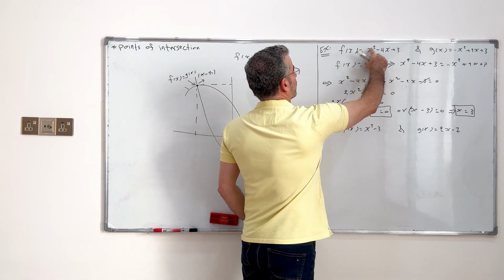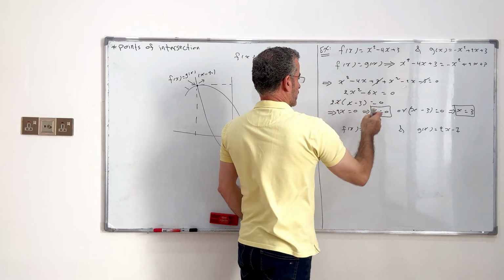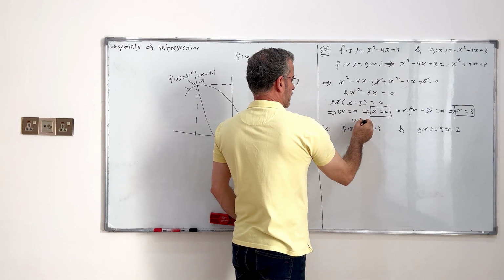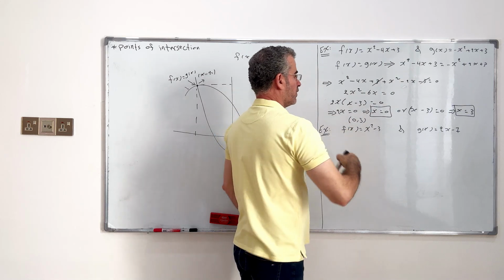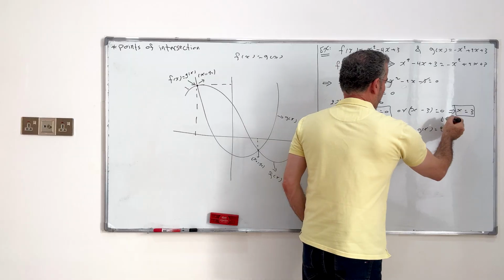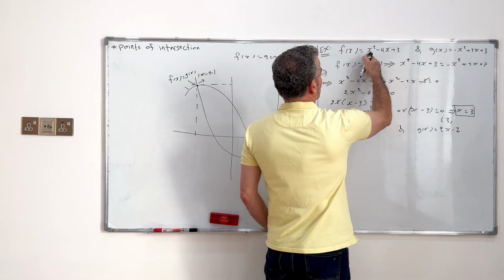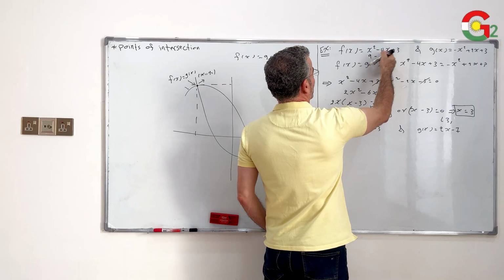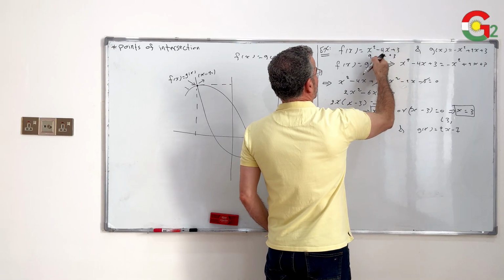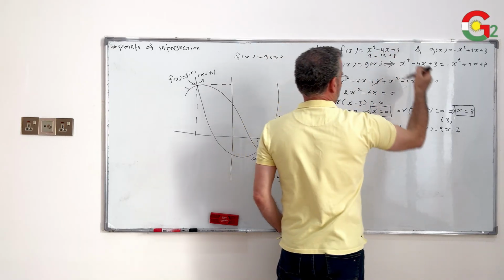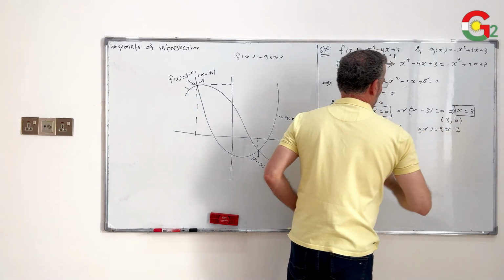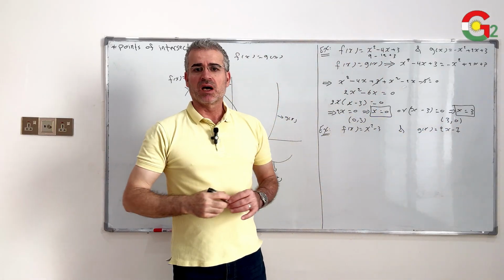Then 0 power 2 minus 0 plus 3 is 3. The coordinates of this point are 0, 3. For the other point, substitute 3. 3 power 2, 9 minus 12 plus 3, which is 0. So 3, 0 is the other point.